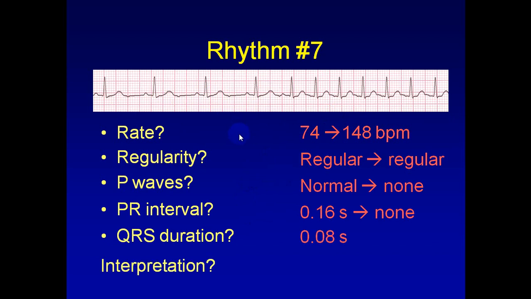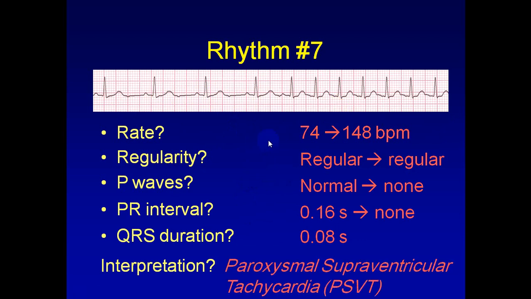This is what's called paroxysmal supraventricular tachycardia, SVT. It is regular, there is no P wave, no PR interval, and it is usually initiated by an ectopic beat. The ectopic is not seen in this ECG. It is called paroxysmal because it comes and sometimes stops spontaneously, so it comes on occasion.